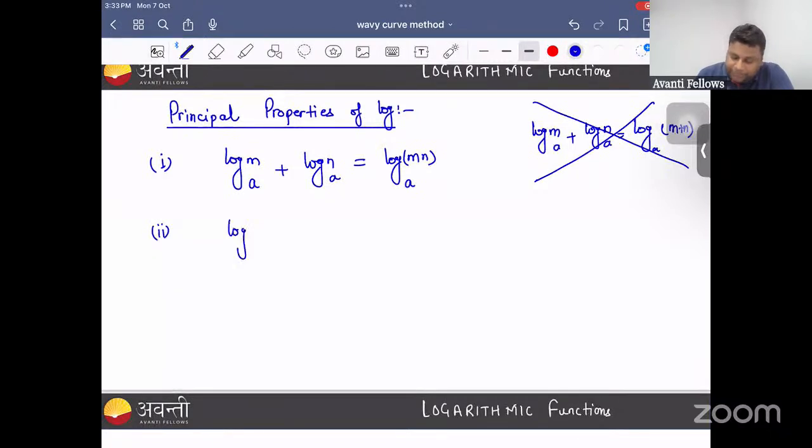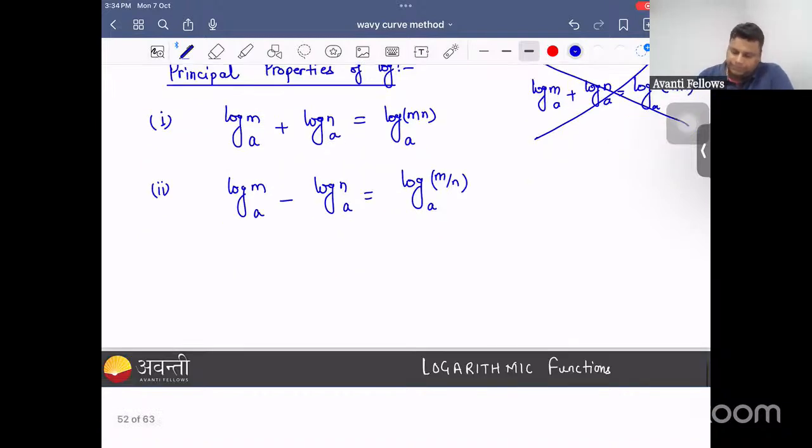Second property, log m base a minus log n base a is log m upon n base a. And third, log m to the power n base a is n log m base a.